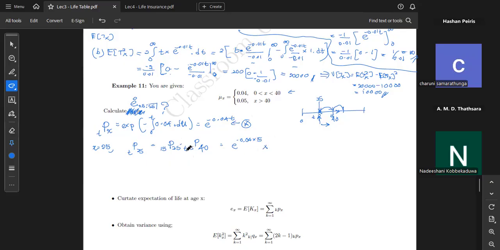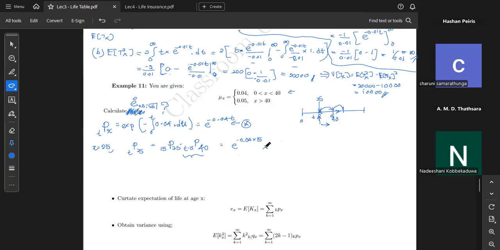And then the formula for this survival probability: this person has already survived 40 years, which means it belongs to the second step of the force of mortality.